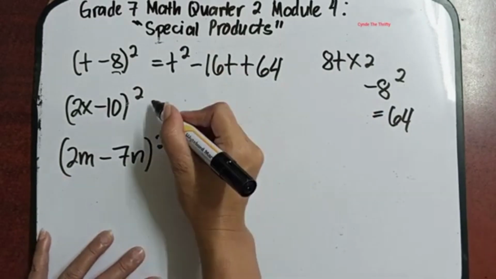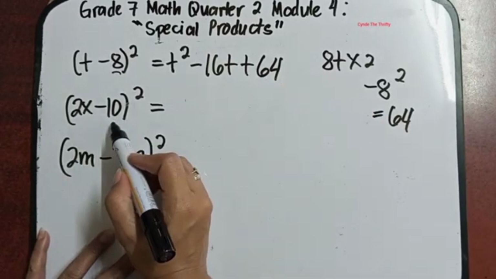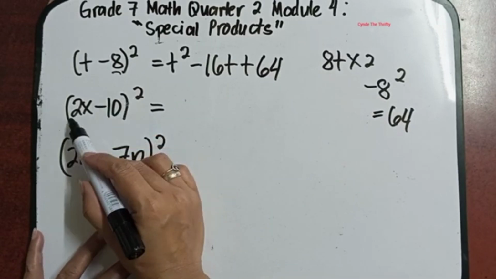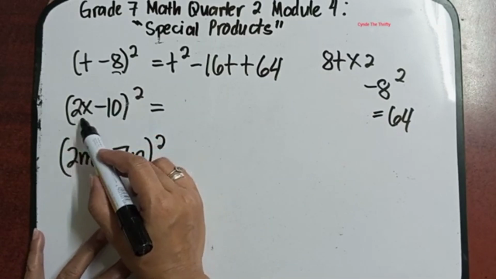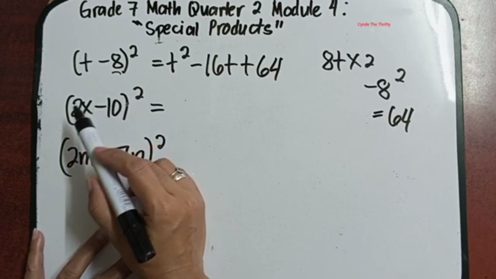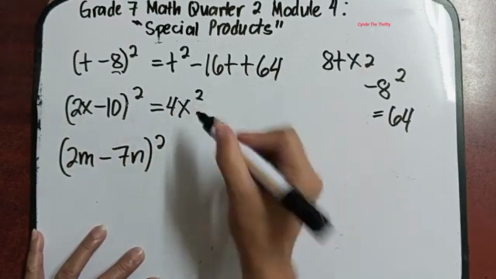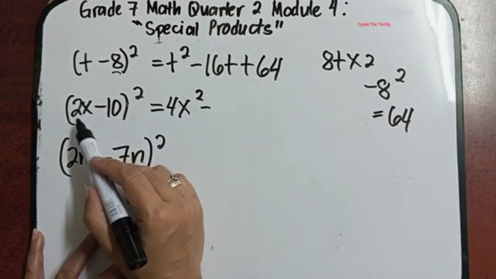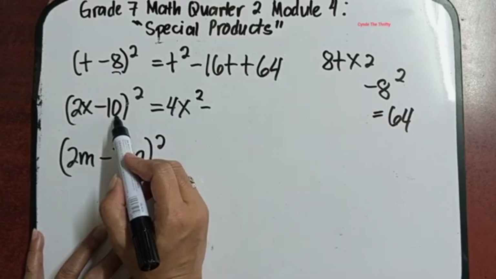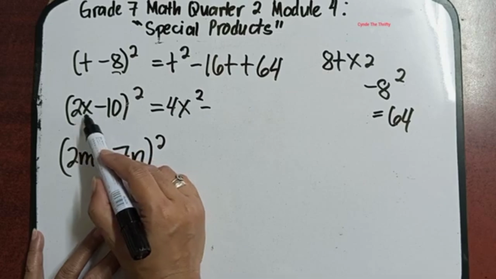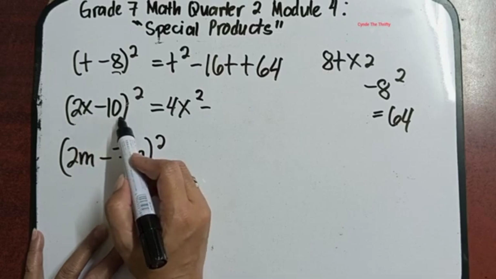Another example tayo, 2x minus 10 squared. So, i-square natin si first term. Si first term is 2x. So, 2x squared meaning 2 times 2 equals 4x squared. Minus, i-multiply natin ang first term at second term times 2. So, 2 times 10 is equal to 20. Kopyahin natin si x. 20 times 2 is equal to 40.